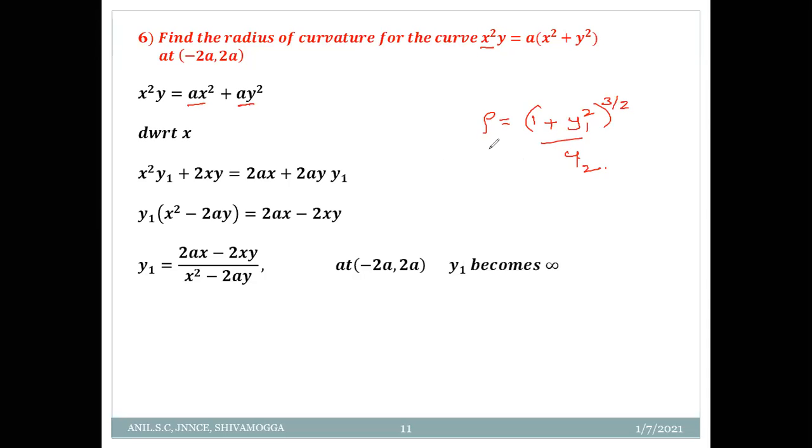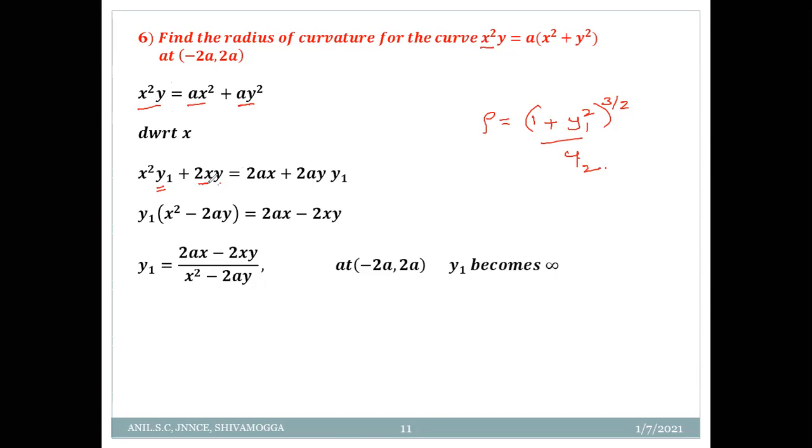To find y1, differentiate the given equation throughout with respect to x. You do this. First, you differentiate x square into y with respect to x using product rule. X square into derivative of y with respect to x is dy by dx or y1, plus derivative of x square is 2x into y.